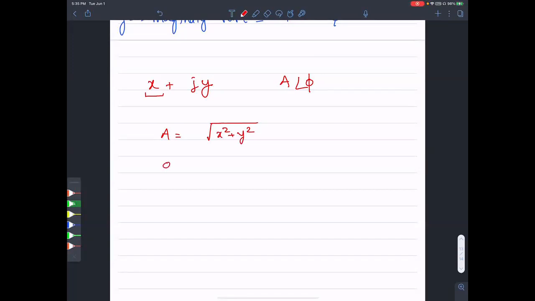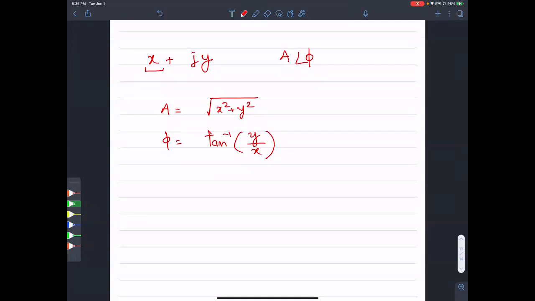Angle phi is again tangent inverse of the imaginary part over the real part. However, if you want to get the value of the real part, you would do A times cosine of phi, and the imaginary part is A times sine phi.